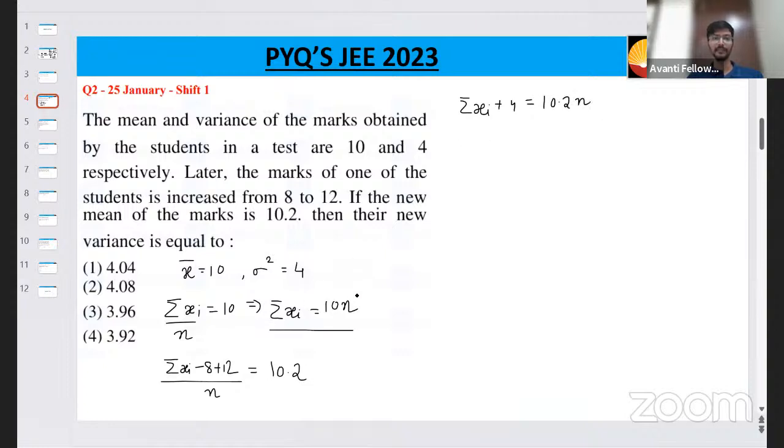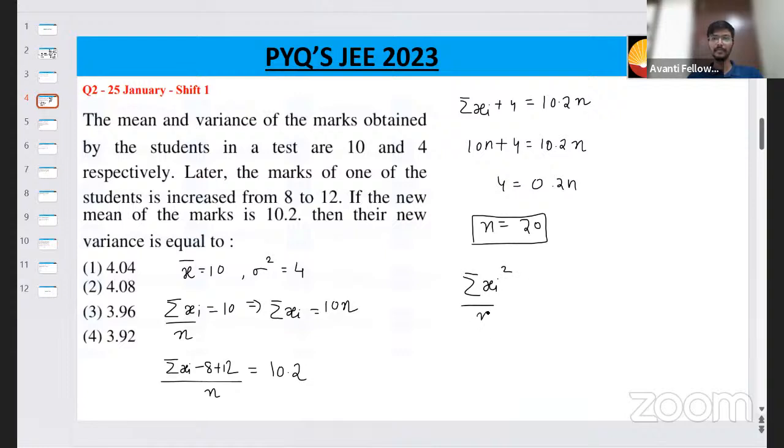What is summation xi? It is 10n. So let us substitute it here. So 10n plus 4 is equals to 10.2n. So I get 4 is equals to 0.2n. So n is equal to 4 by 0.2, which is 20. Correct? Now, the variance is summation xi square upon n minus x bar the whole square, which was 4 earlier.